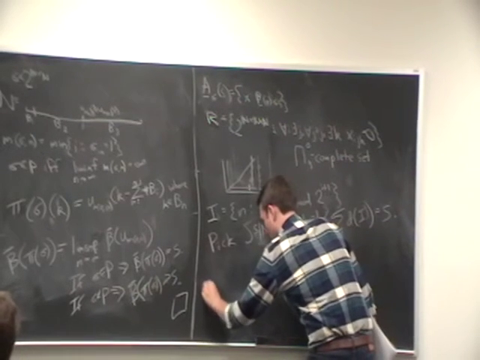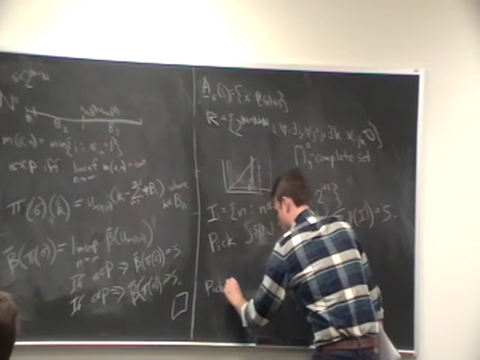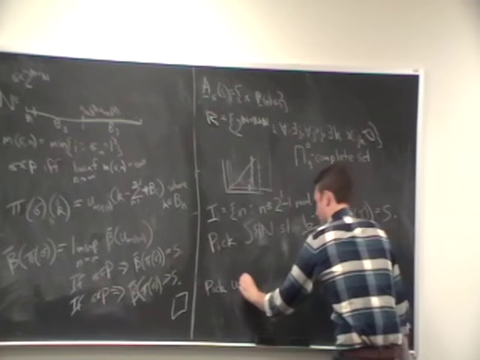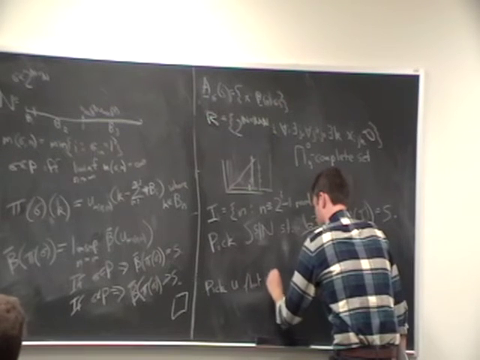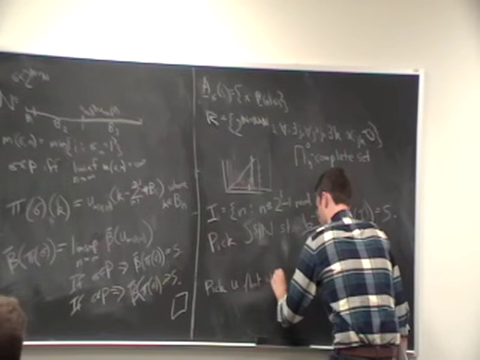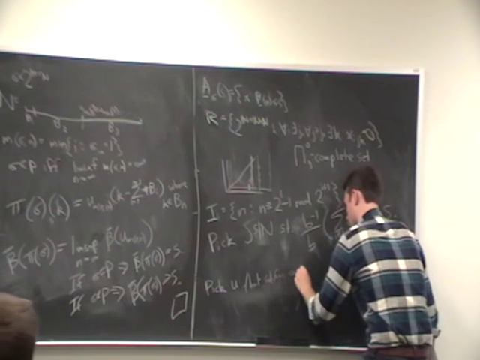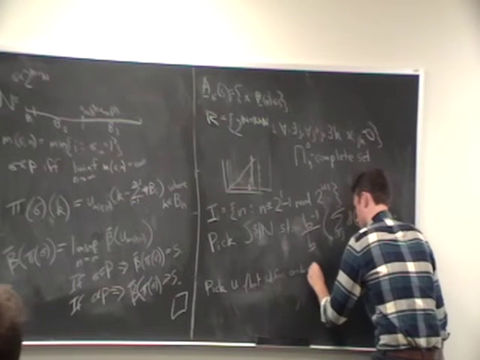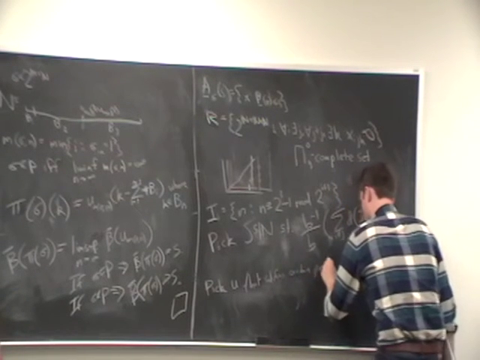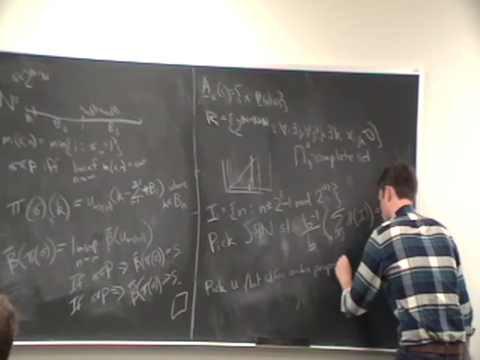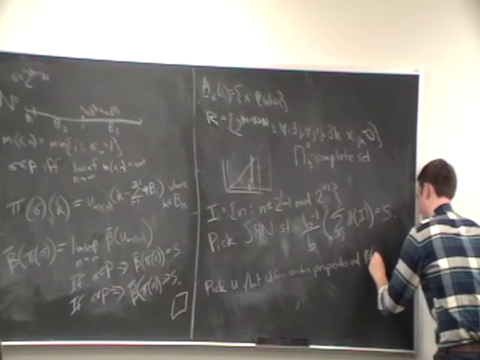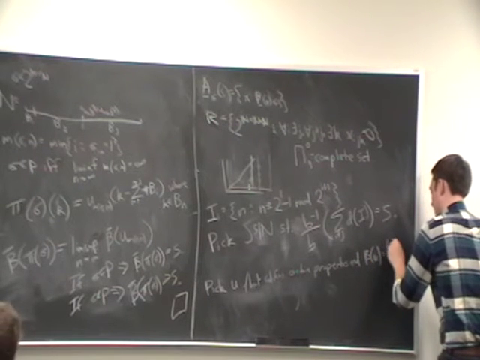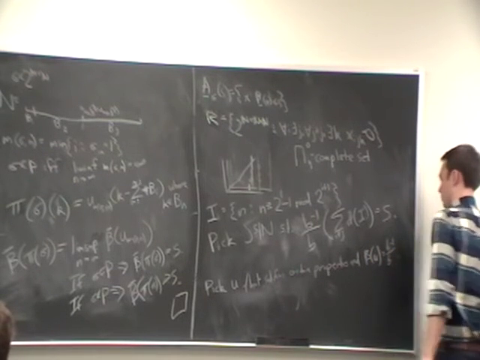And also, we're going to pick u that satisfies certain properties and has noise b minus 1 over b.